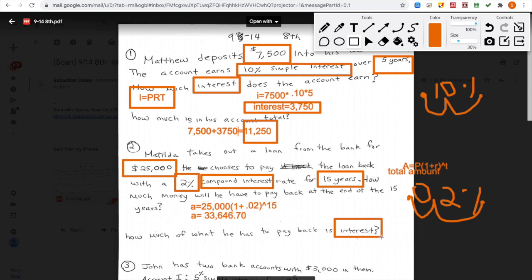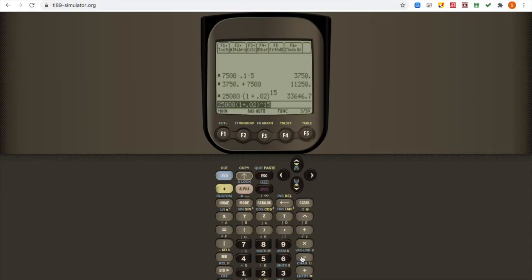Well, we know we started at $25,000, so the rest of it, how much it went up, is the interest. So what we're going to do is we're going to take our $33,000 and we're going to subtract what we started with. That way we can see exactly how much it went up. So we have $33,646.70 minus $25,000.